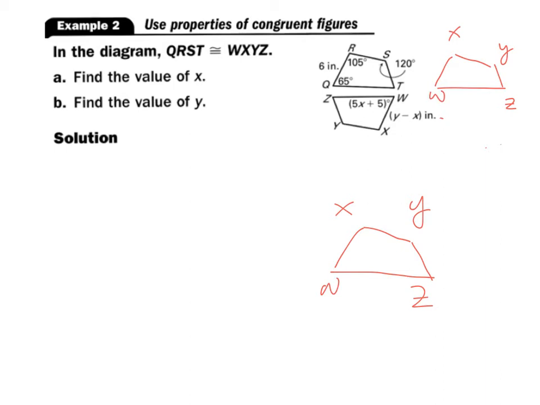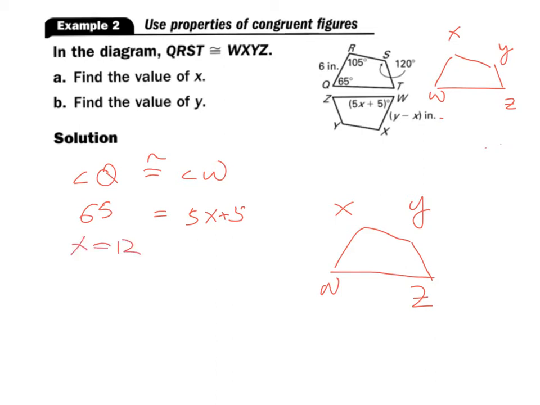matching sides and matching angles, now I can see that my angle Q and angle W are congruent. So angle Q and W are congruent. Q is 65 degrees and W is 5x plus 5. And if you do your math, you should be able to find x is 12, right?